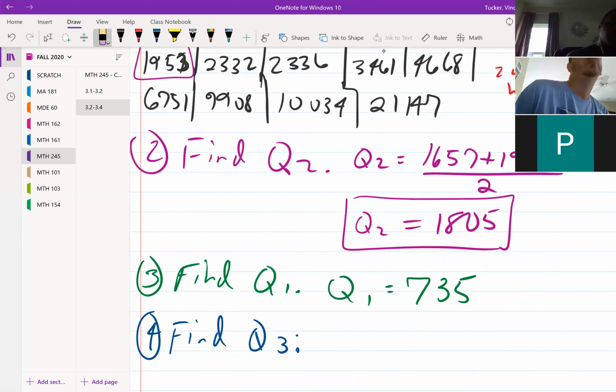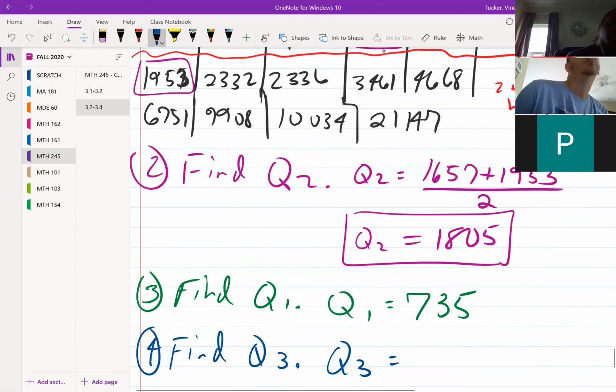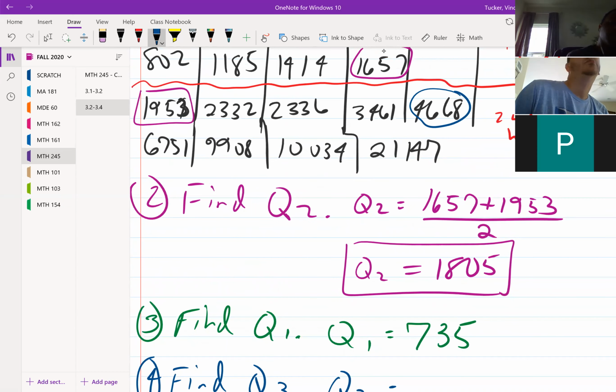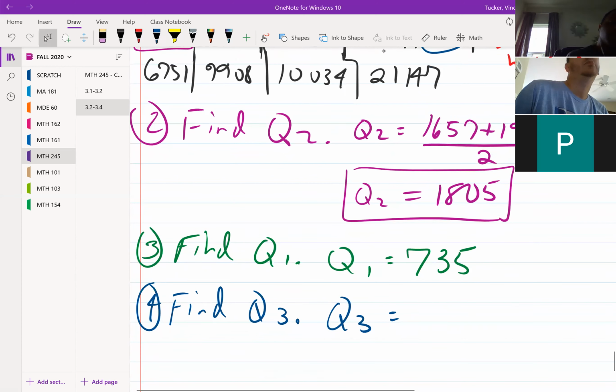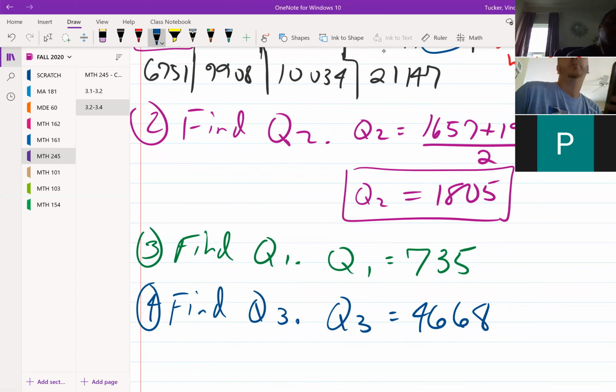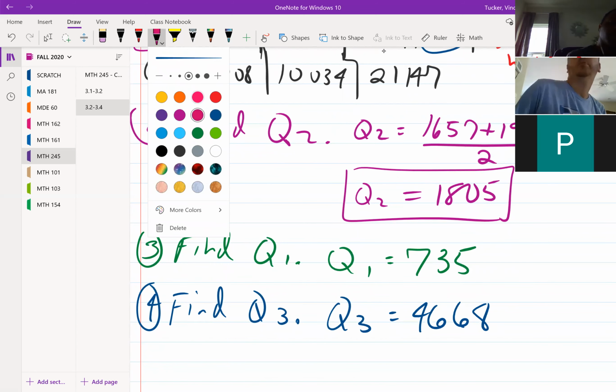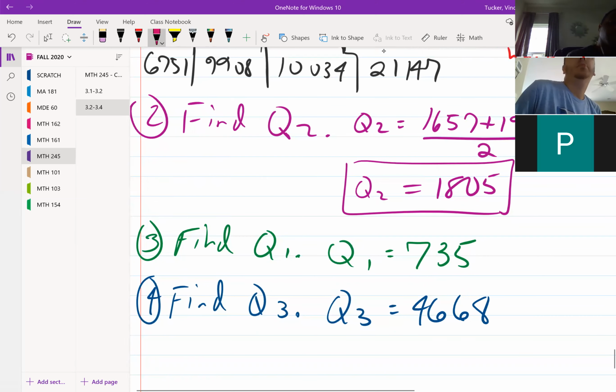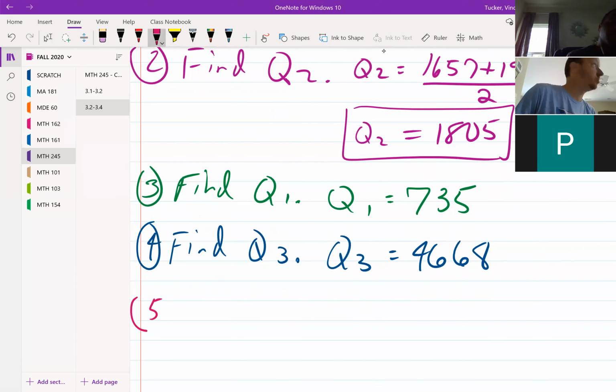Finding Q3. That's the middle value of the second half of data, which is 4668. Finding the IQR.